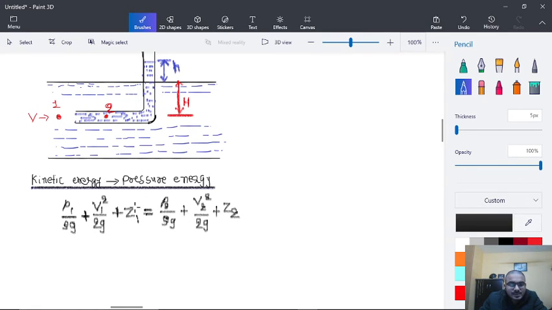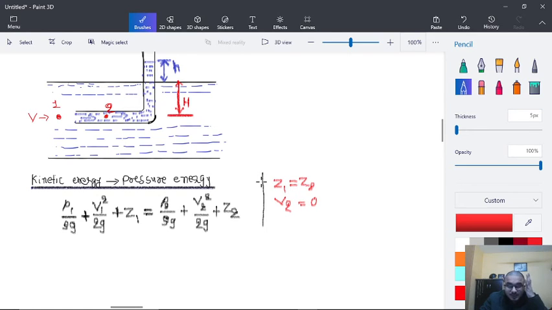Here see, the height is the same, so if we write down over here, then we have Z1 is equal to Z2. Apart from that, what we have is V2 is equal to 0.